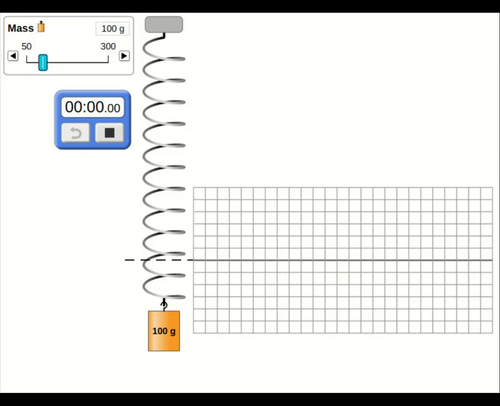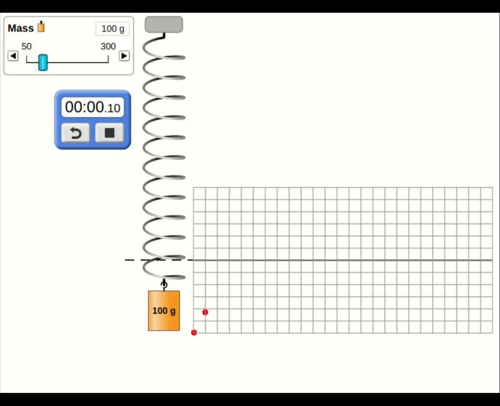So to start off with, I've displaced this. The dotted line is the equilibrium position where the mass would naturally hang if released. I've got a timer, and every 0.1 of a second I'm going to plot a point where the centre of mass of the 100 gram mass on the end of the spring is. So we'll start at time 0 and we'll flick through.